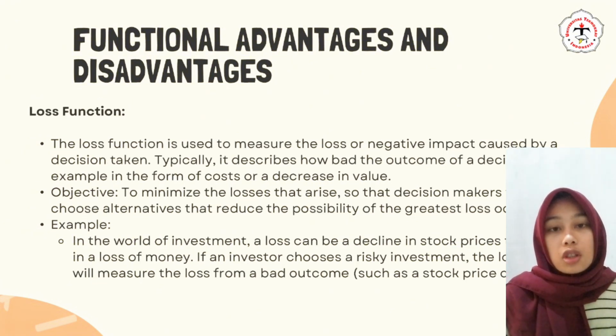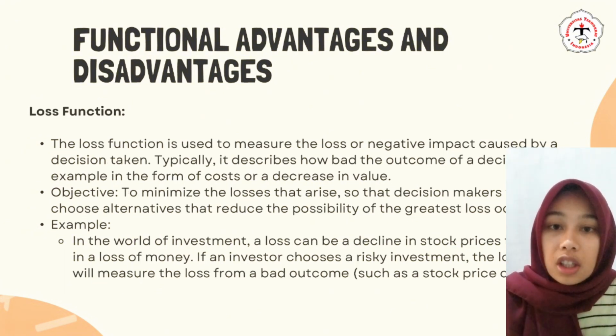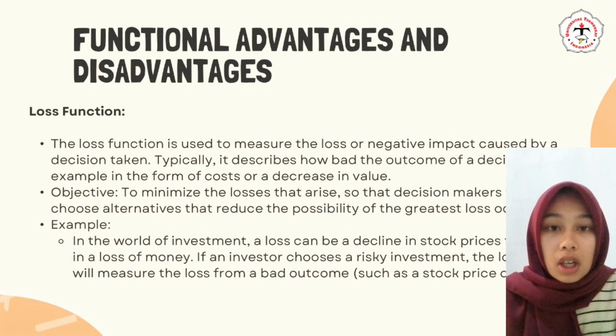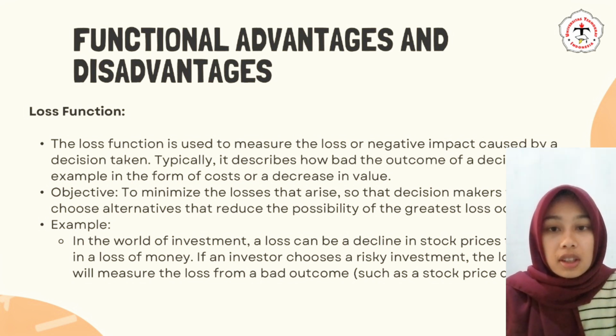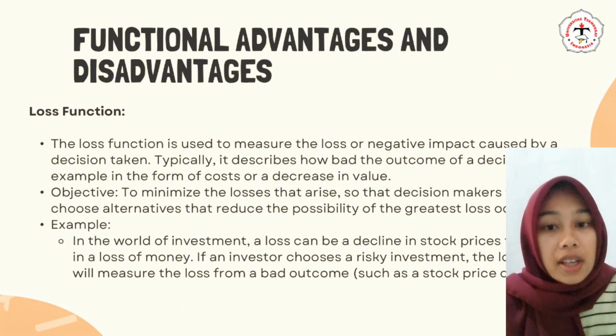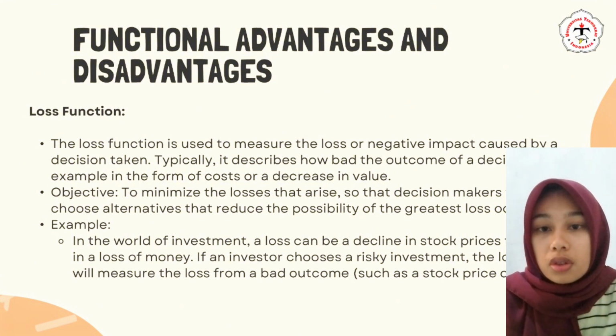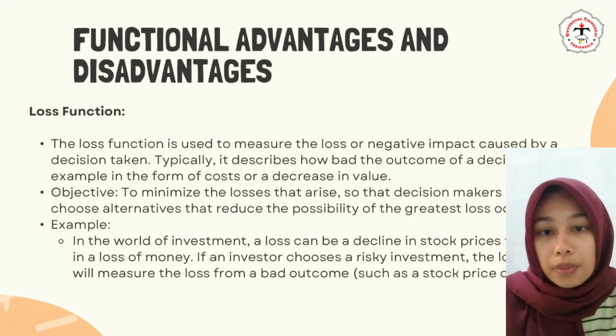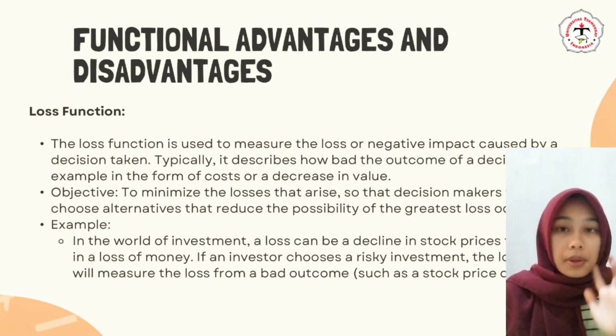Loss function. The loss function is used to measure the loss or negative impact caused by the decision taken. Usually this describes how bad the results of the decision made are. For example, in the form of cost or loss value. Objective.